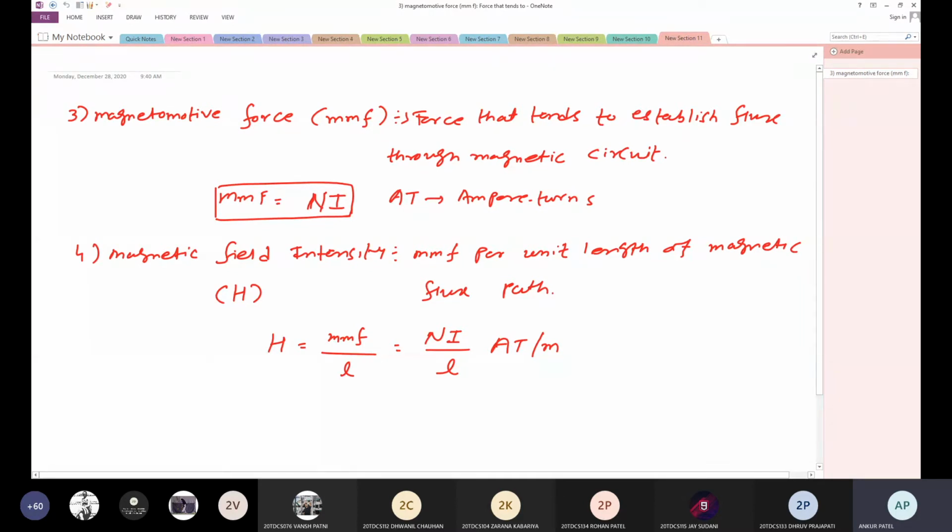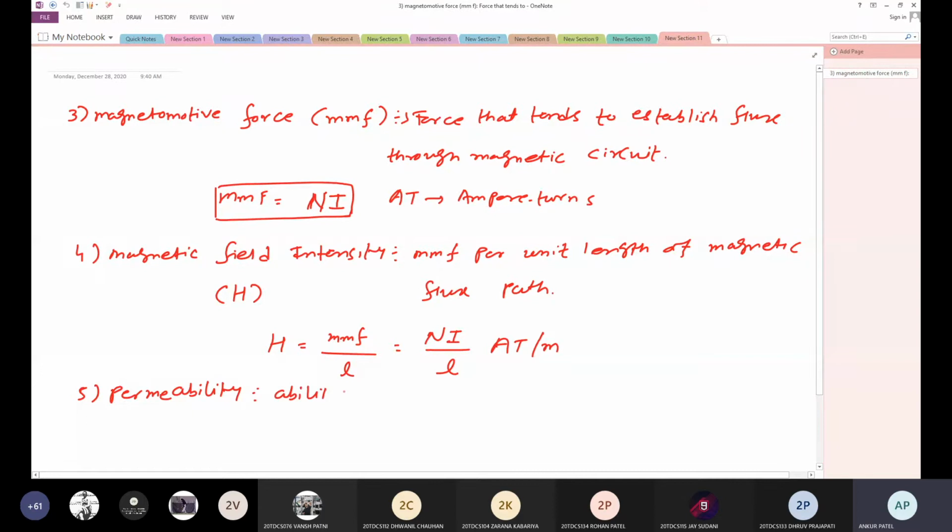Now the fifth one is permeability. It is the ability of a magnetic material to create magnetic flux through it.